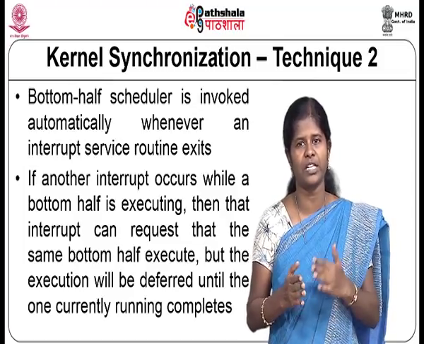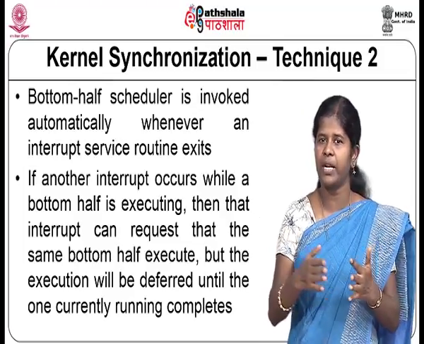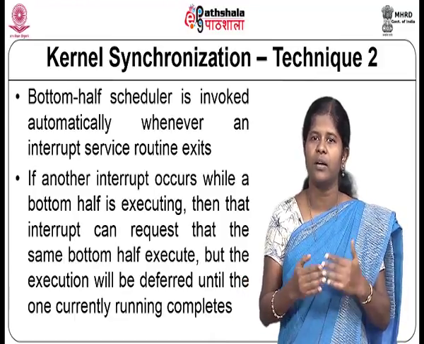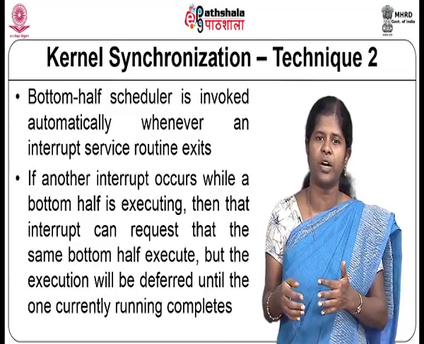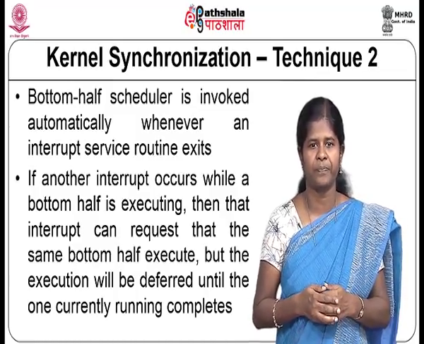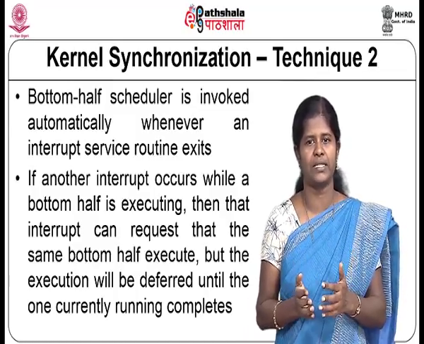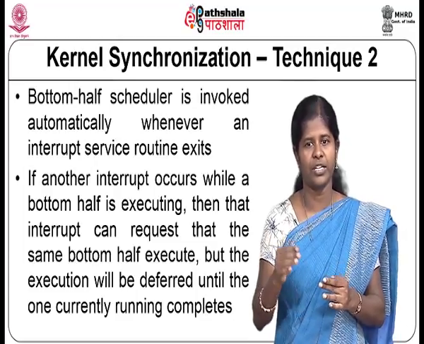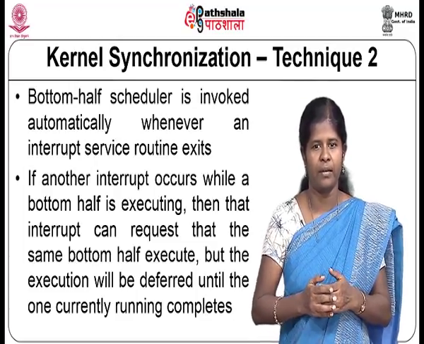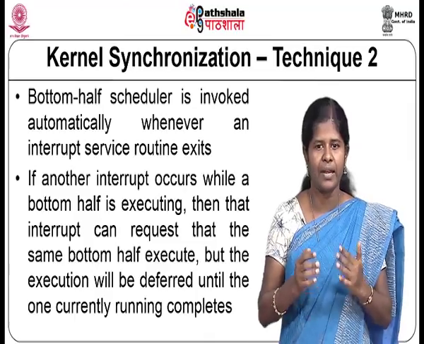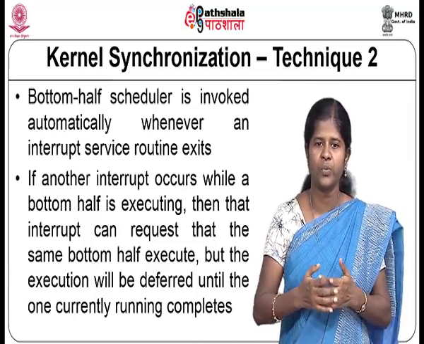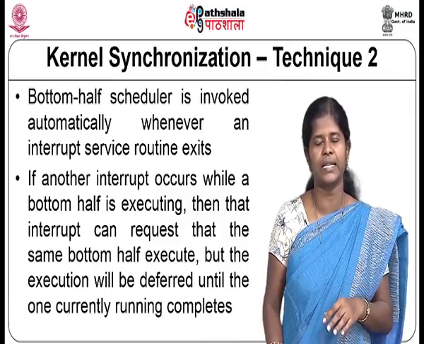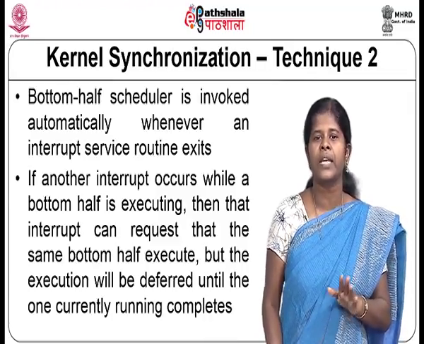Whenever an interrupt service routine exits, there will be a number of bottom half routines waiting, and the bottom half scheduler will choose one among these to execute. Suppose when a bottom half is executing, another interrupt occurs. That interrupt can request that the same bottom half execute, but the execution will be deferred until the currently running one completes.